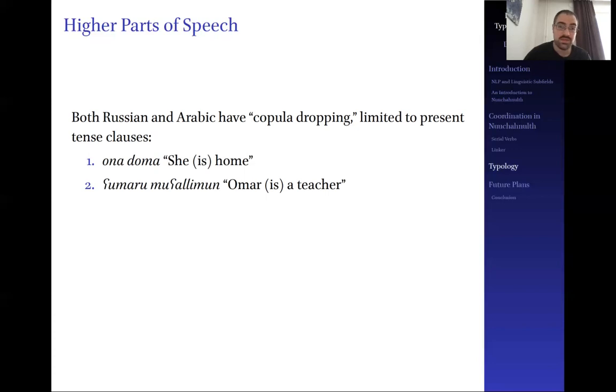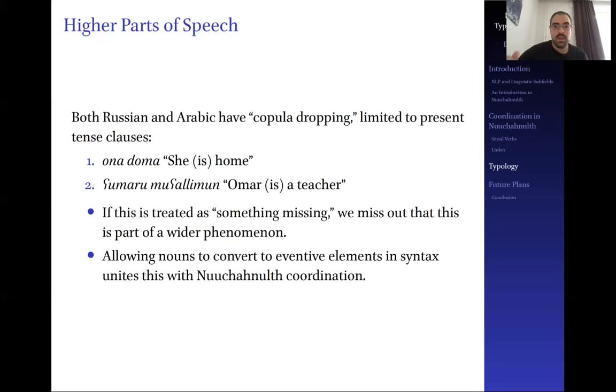But the way to say she is home in Russian is something like ona doma, she home, and there's no is verb. And you can do the same thing in Arabic, Umaru mu'allimun, Omar is a teacher. Again, there's no be verb. In these languages, this can only happen in the present tense.